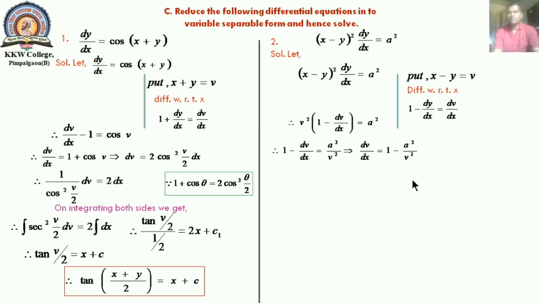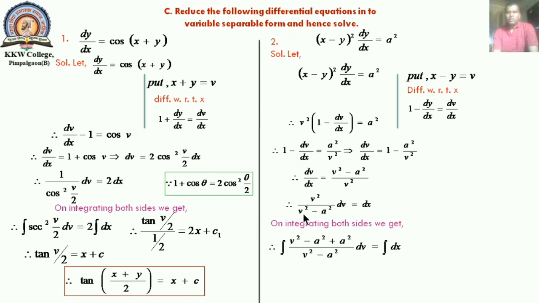On simplifying, dv by dx is equal to (v square minus a square) upon v square. Now separating the variable v along with dv and x along with dx, we have v square upon (v square minus a square) dv is equal to dx. Variables are separated, so we can integrate both sides.